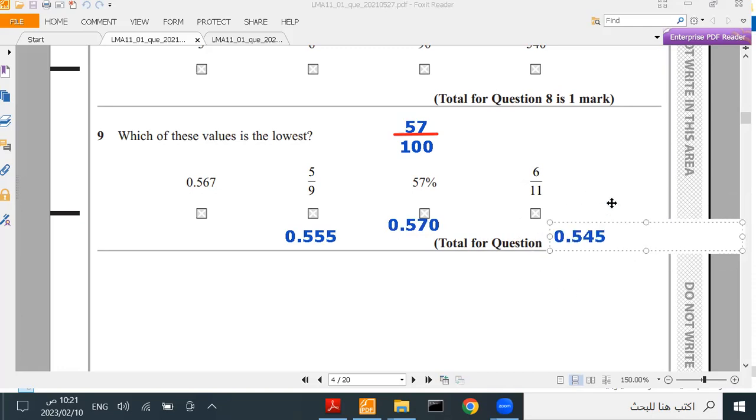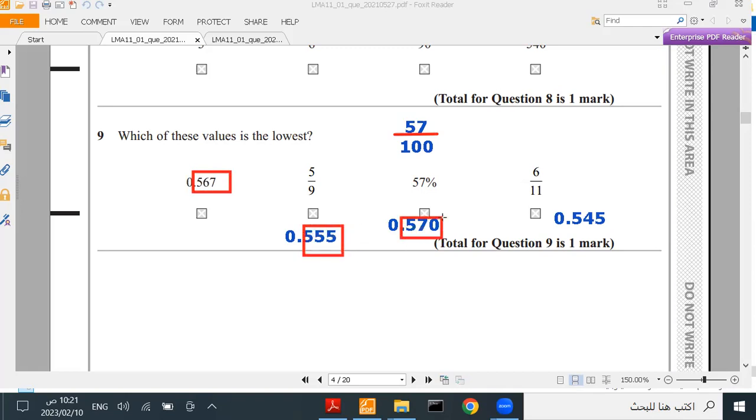Now I want to look for the smallest one. Which one is the smallest? 6/11. Good. How do I know? Because it's the lowest decimal, the lowest number after the decimal point. This one is 555, this one is 570, this one is 545, and the lowest one is 545.